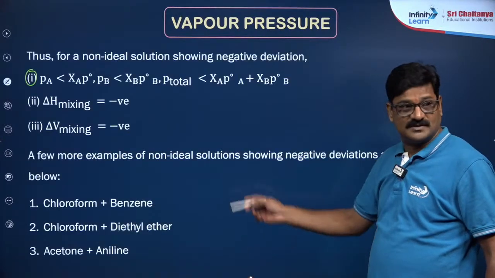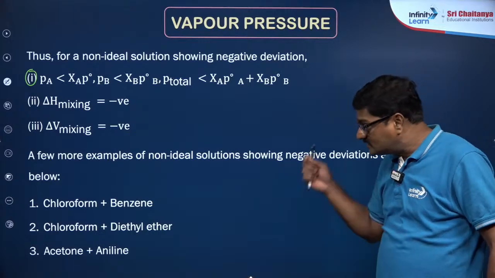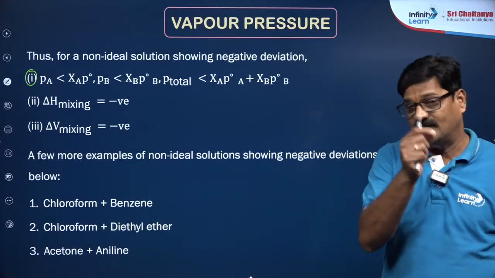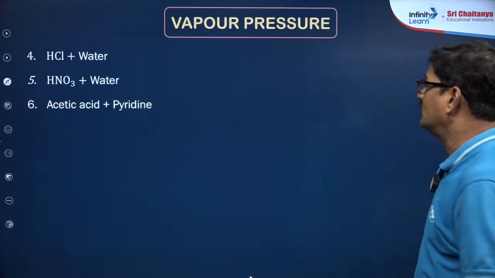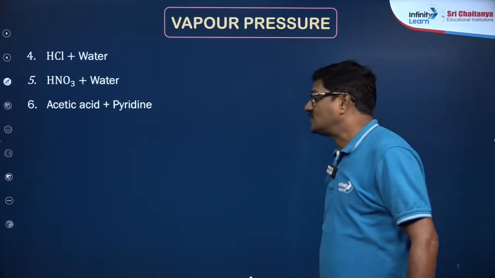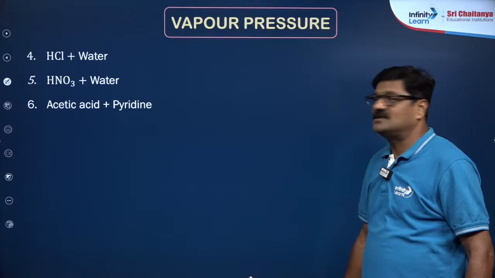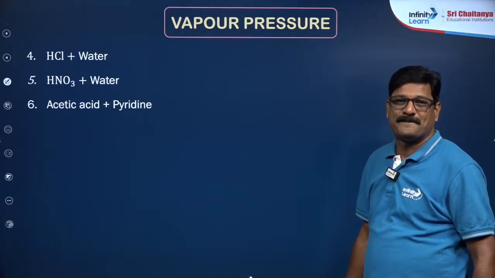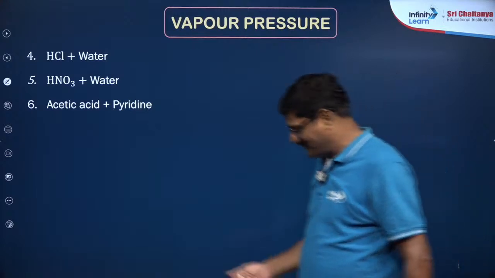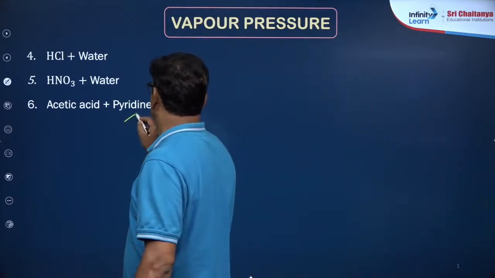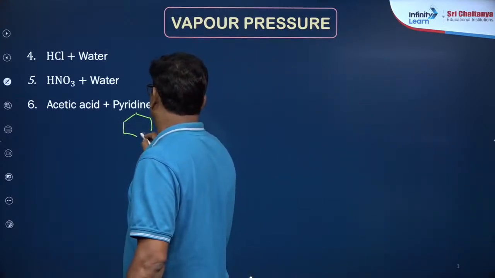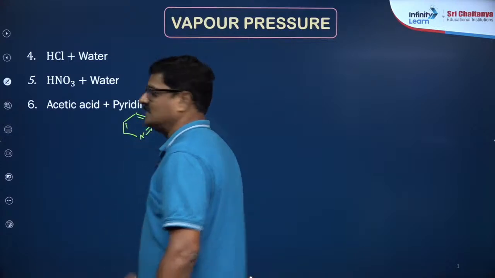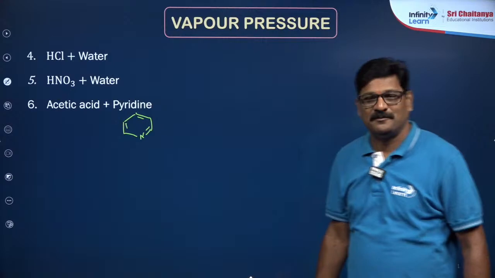Analyze each example and you will understand Raoult's law very well. Now, HCl and water, HNO3 and water, acetic acid and pyridine. What is pyridine? This is your pyridine.